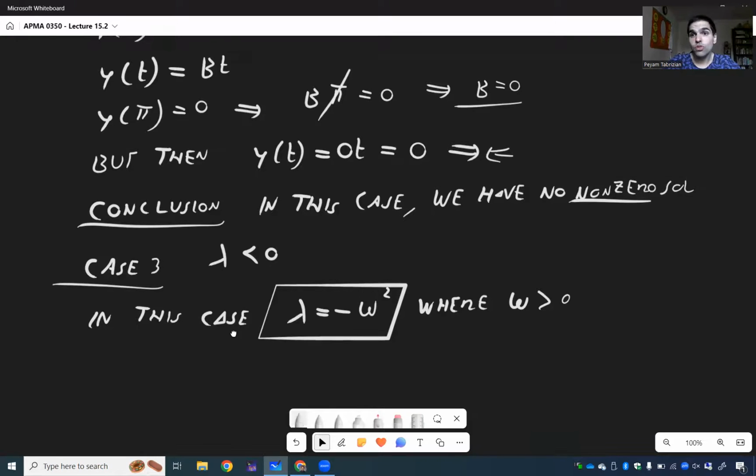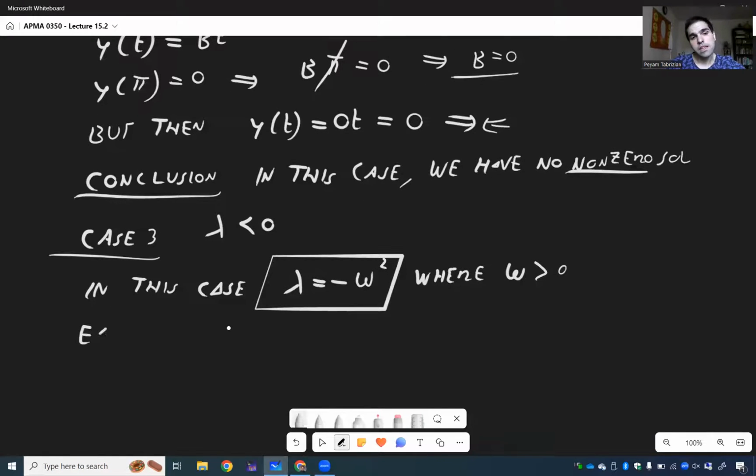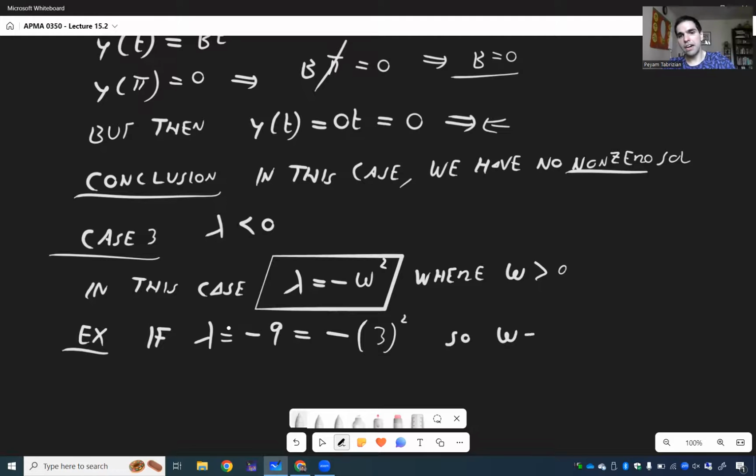And again, just as a quick example, if lambda were minus 9, that would be minus 3 squared. So in this case, omega would be 3. Again, you could use minus 3, but it would give you the same answer. That's why it's okay to assume omega is positive.